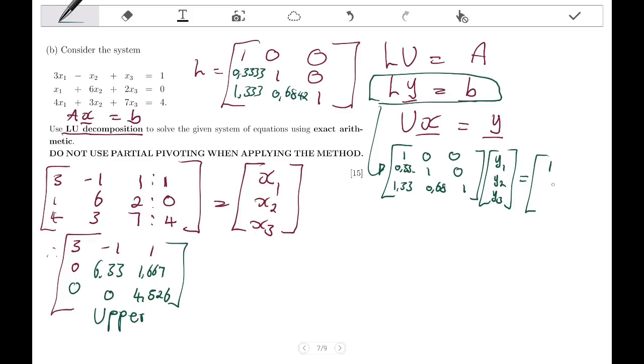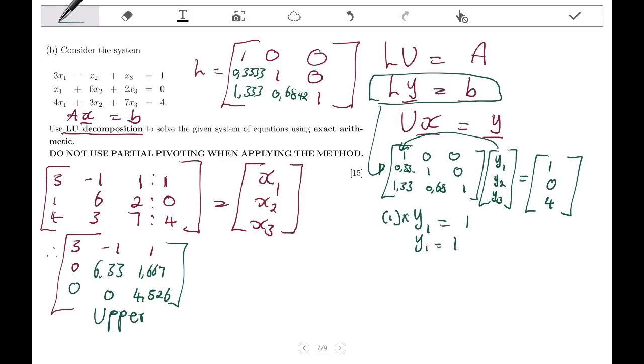Then if it's like that, we're going to calculate y1. So y1 you multiply by the coefficient, which is 1. Therefore 1 multiplied by y1 is equals to the solution, which is this. So 1 times y1 is equals to 1. Therefore y1 is equals to 1. Then we're going to calculate y2.